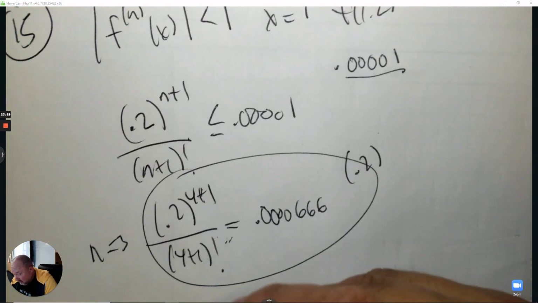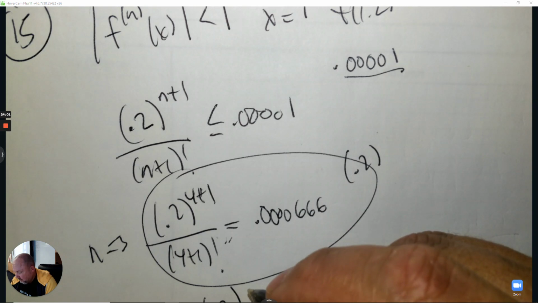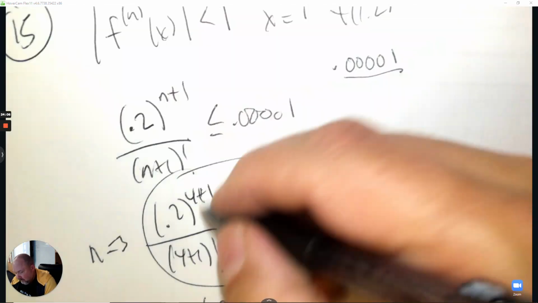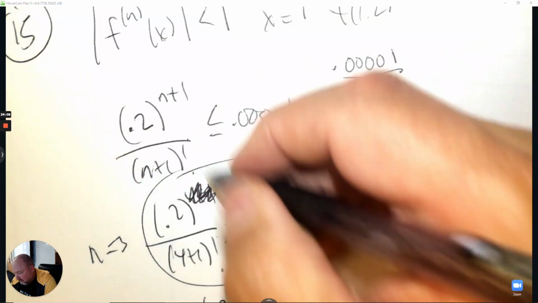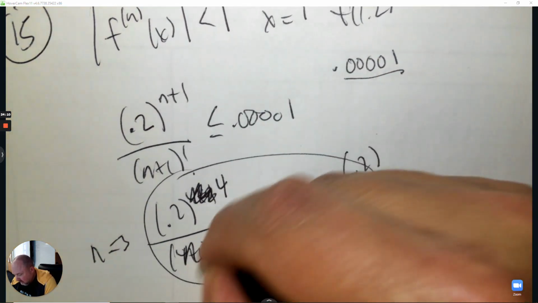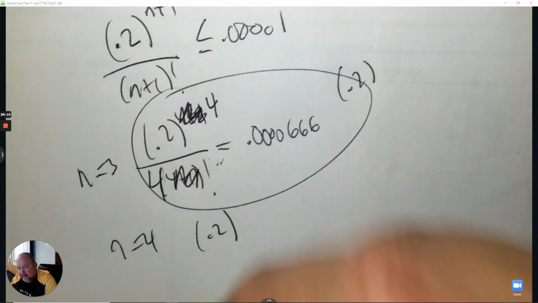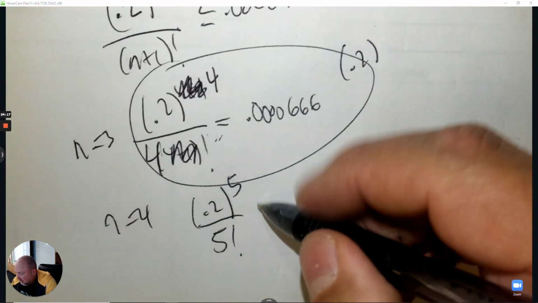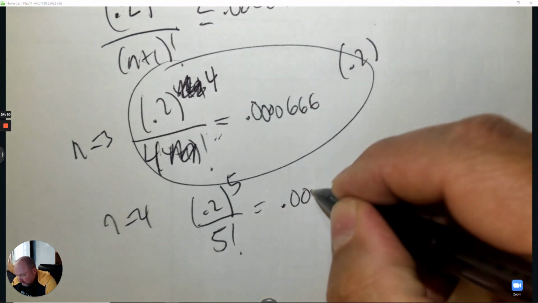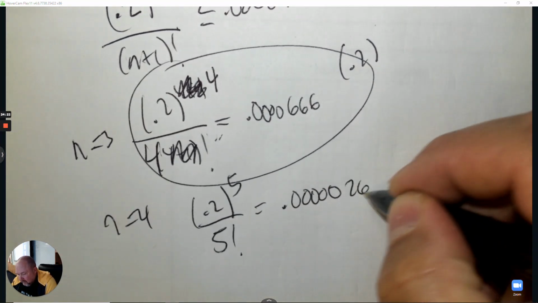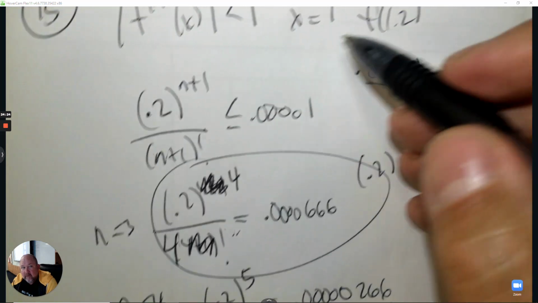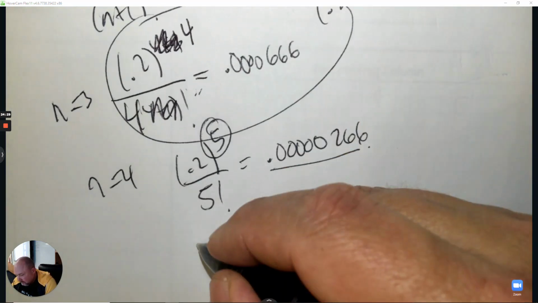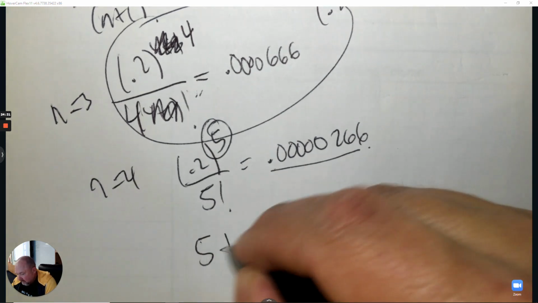If n equaled 4, you add 1, so 3 plus 1, this is to the 4. This one is to the 5. And this answer works. Why does it work? Because it's smaller than what I'm looking for. So this means how many terms then? 5 terms.